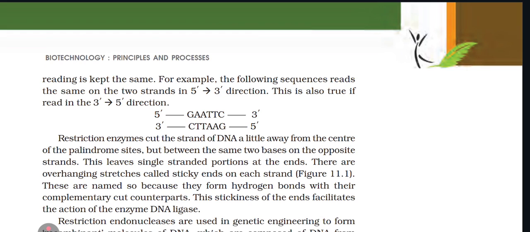For example, the following sequence reads the same on the two strands in 5' to 3' direction. This is also true if read in 3' to 5' direction. GAATTC, and then it is CTTAAG. The first one is 5' to 3' and the second strand is from 3' to 5'.